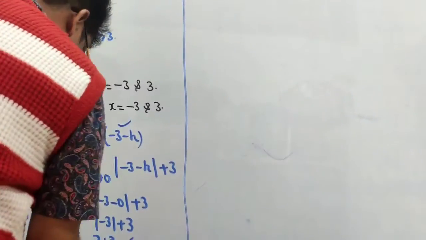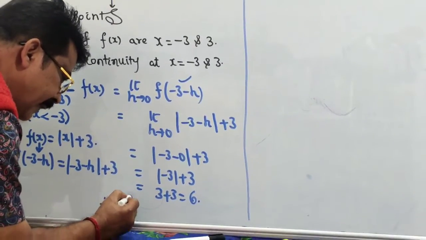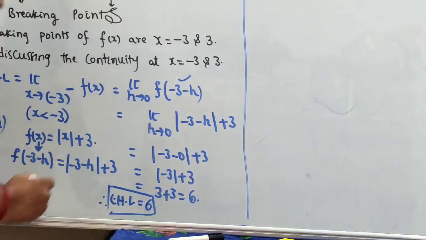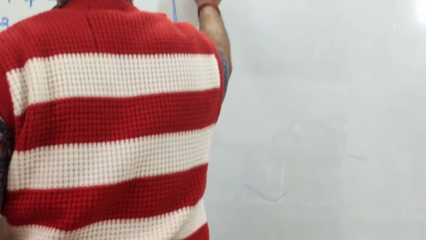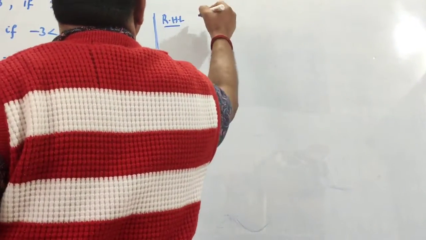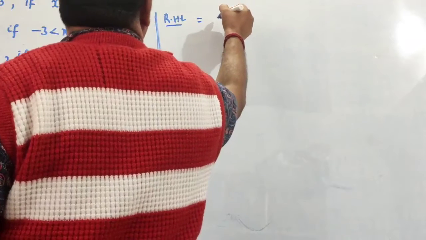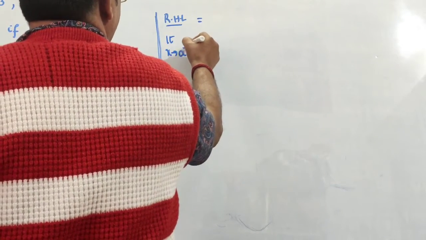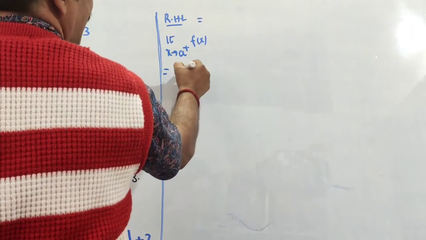Therefore, left hand limit equal to 6. Next, you come here, the right hand limit. What is the right hand limit? Limit x tends to a plus of f of x. This is the notation. What is its formula?